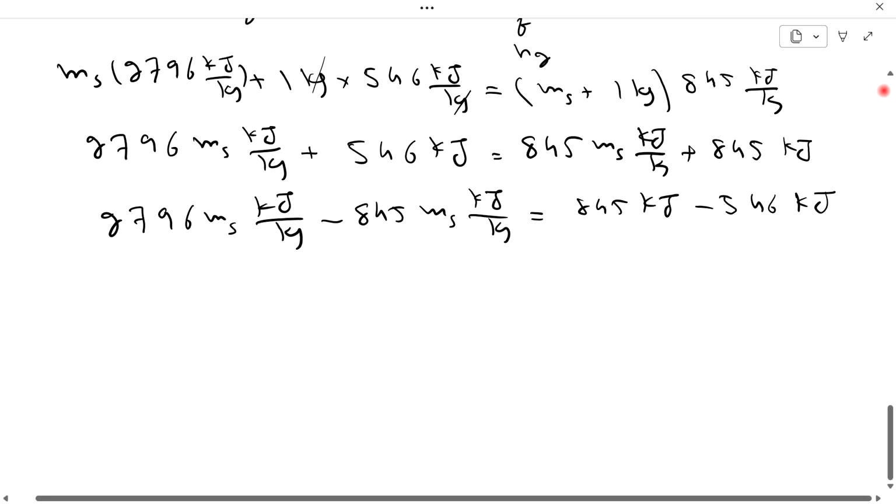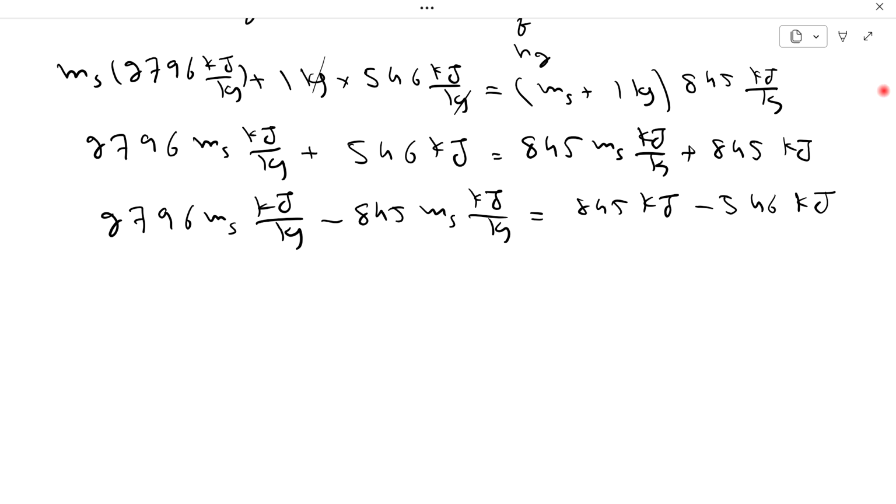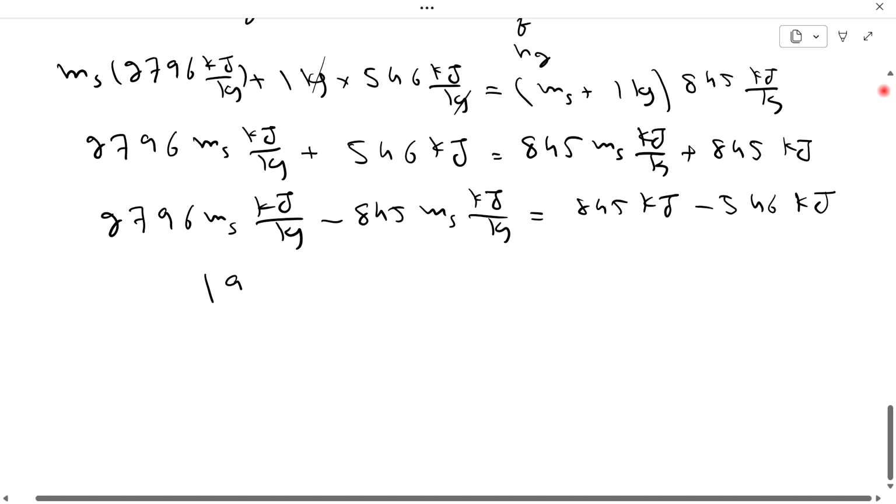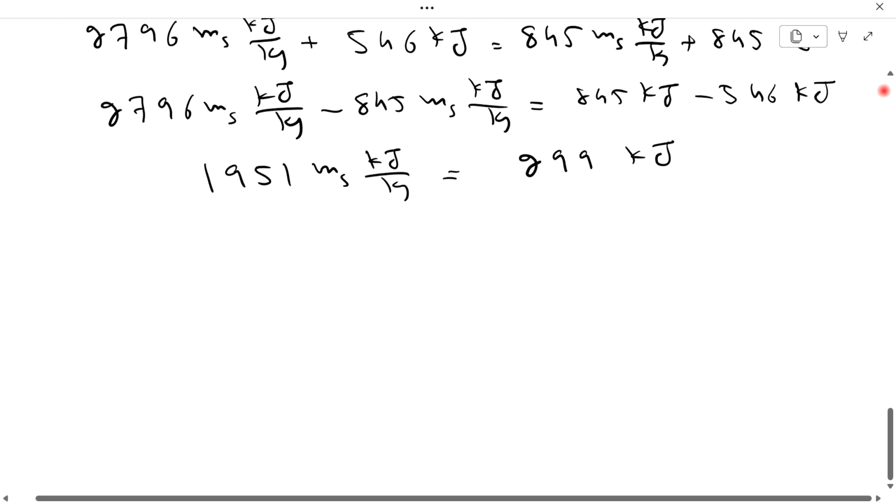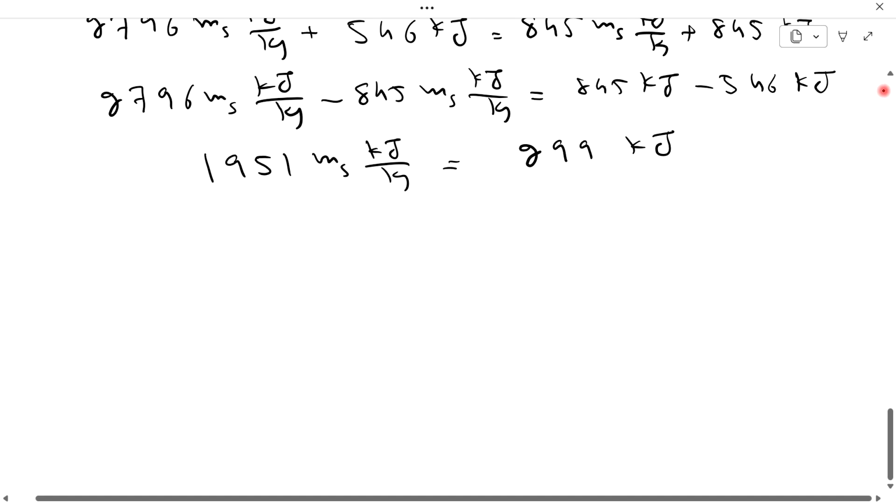Now further simplify. 2796 minus 845 is equal to 1951 kJ/kg. ms × 1951 kJ/kg is equal to 845 minus 546, which is equal to 299 kJ. To find ms, divide both sides by 1951 kJ/kg.